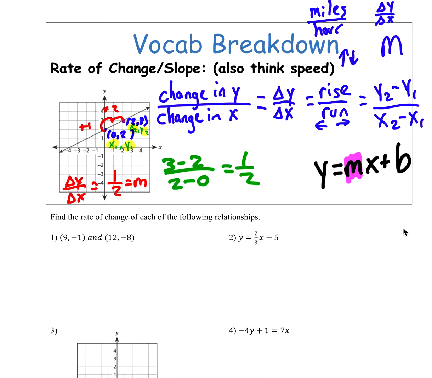If the y value is distance, let's say it's miles, and the x value is time, we'll say it's hours, that's a speed, which is a rate of change, how many miles you're changing per hour. So whenever you see speed, you also want to think rate of change.